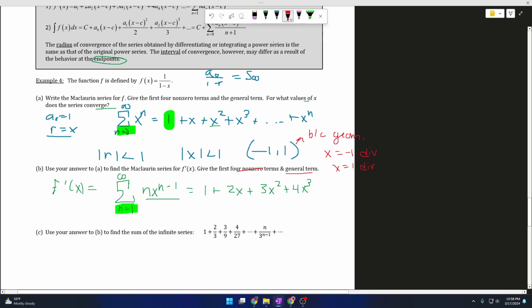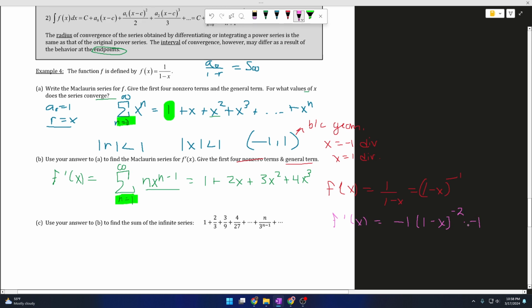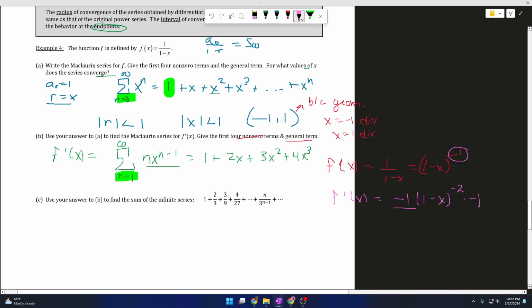One thing I do want to note here, however, is that we can think about what f prime of x actually would have been. If f of x is equal to 1 over 1 minus x, that's the same as 1 minus x to the negative first. That means that f prime of x is the derivative of it. f prime of x would be negative 1 times 1 minus x to the negative 2 times negative 1. The negative 1 here comes from the power rule, the negative 1 on the right comes from the chain rule.